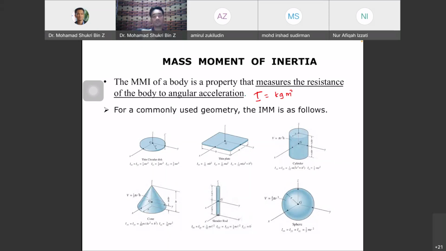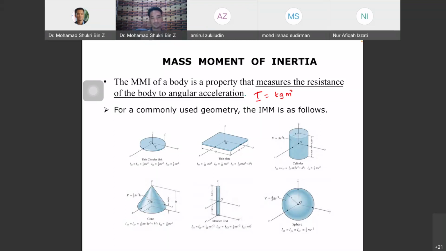So there are several types of moment of inertia. Kalau kita lihat dekat appendix ataupun yang dekat slide ni, we have thin circular disc.